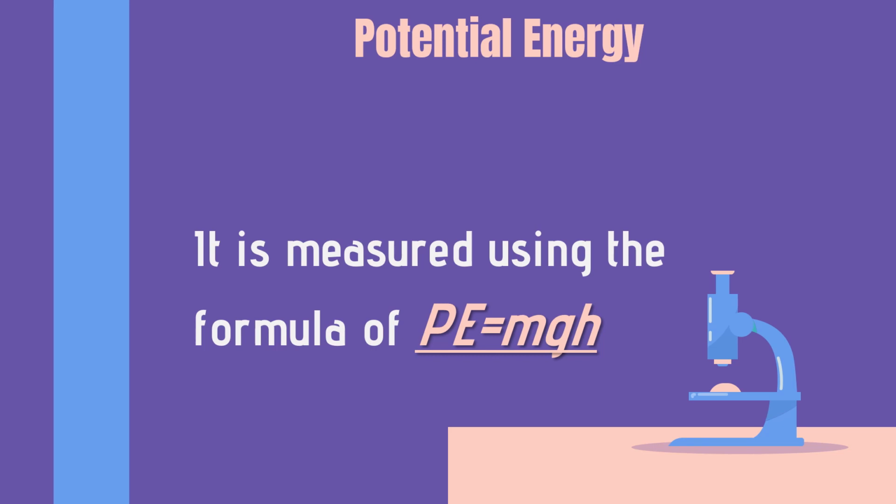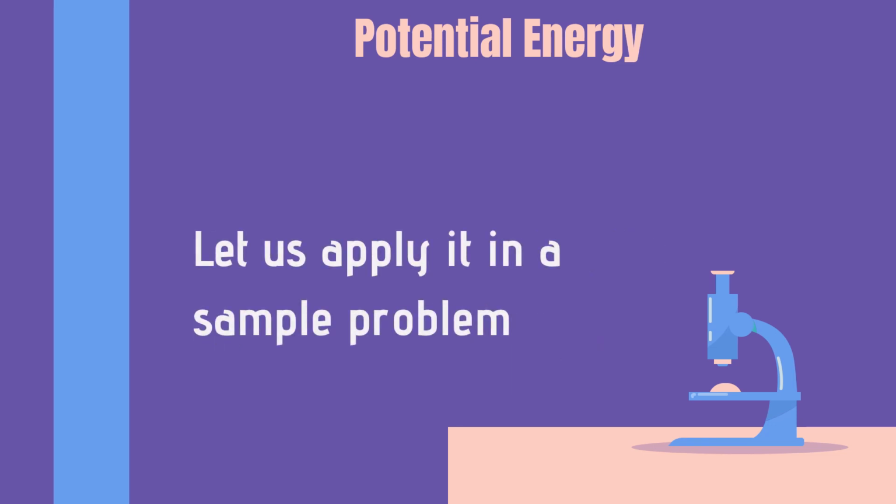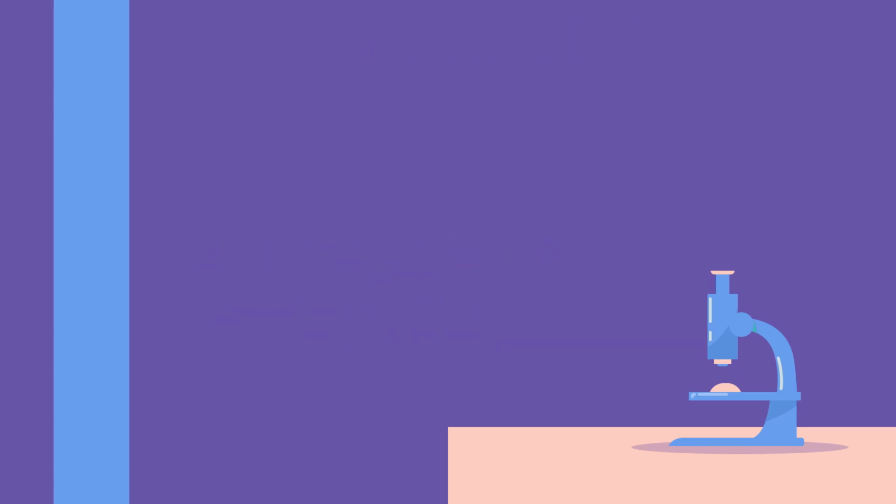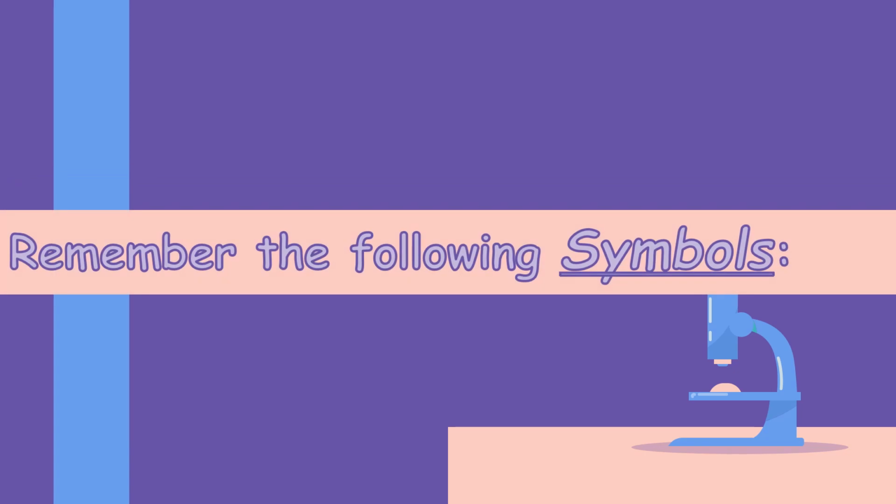The potential energy is measured using the formula PE equals mgh. Let us apply it in a sample problem. But before we proceed to the sample problem, let us first remember the following symbols that we are going to use.